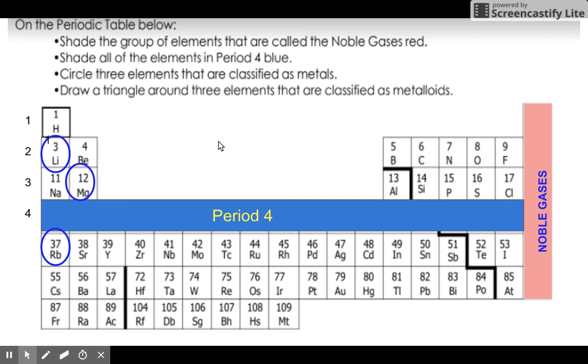So if you circled hydrogen, that's a no-no. It is the only one on the left side that is not a metal. The next instruction tells us to draw a triangle around 3 elements that are classified as metalloids. And here they go, all touching the zigzag line.